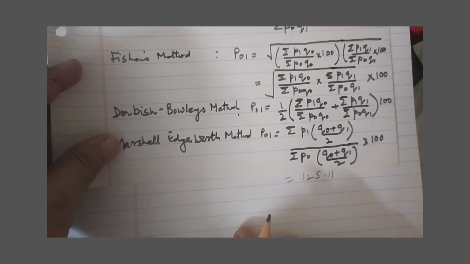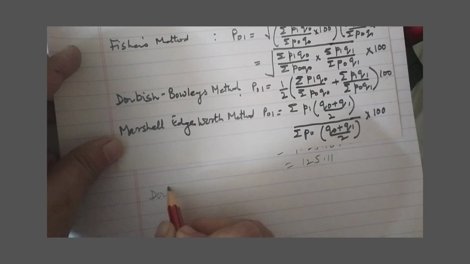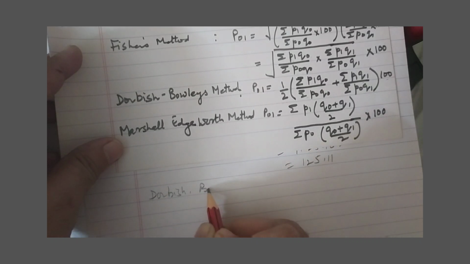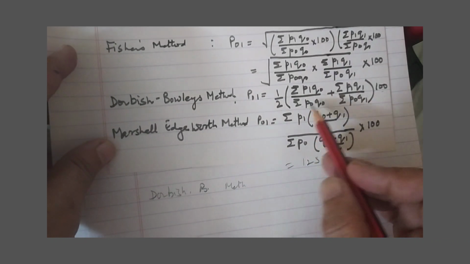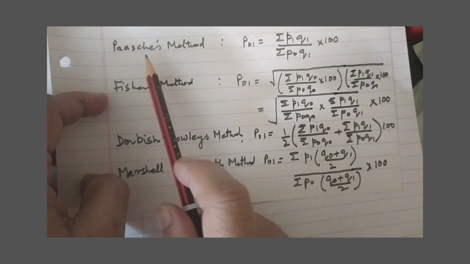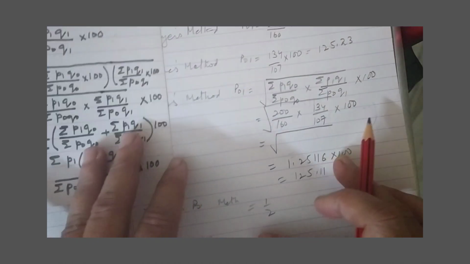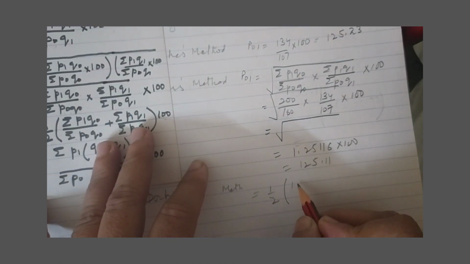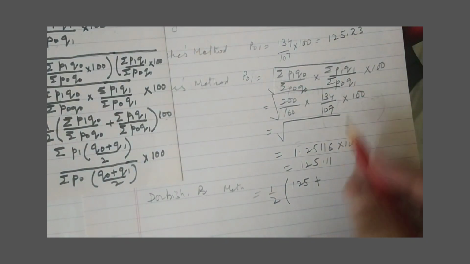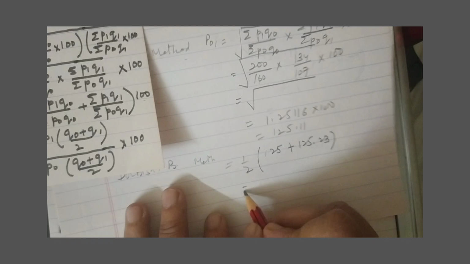Next we have to find the index number using the Dorbish-Bowley method, and this is the arithmetic mean of the index numbers of the Laspeyres' method and the Paasche's method. So this is 1 by 2 into 125, I have written the values from here, and 125.23.